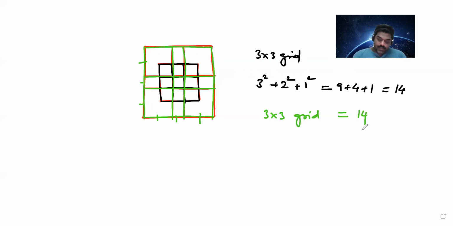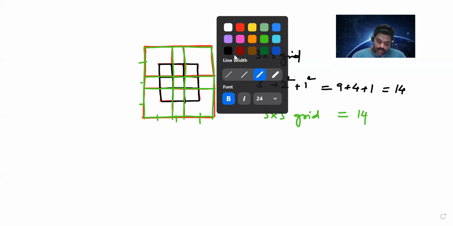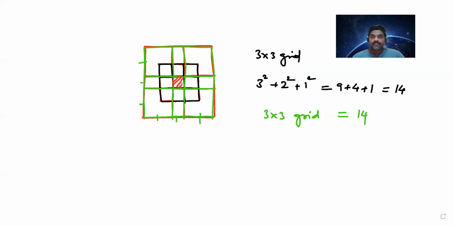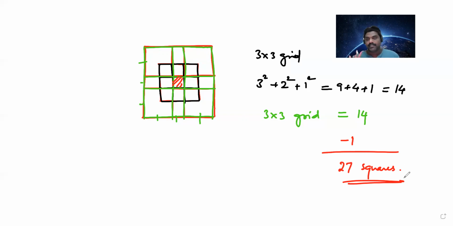And you have one common square for both the grids, so you need to subtract that one. So the number of squares would be 27. Very simple question. Of course, with options, it becomes easier. The options given were 18, 27, 21, and 24. So with these options, easily you can identify that it is 27.